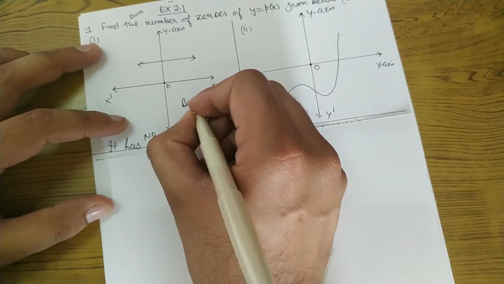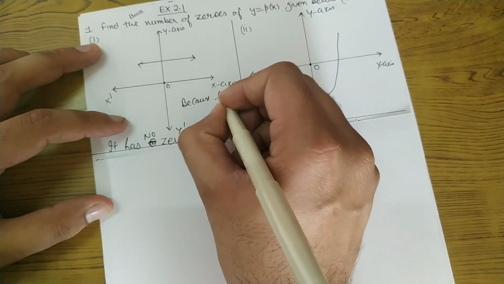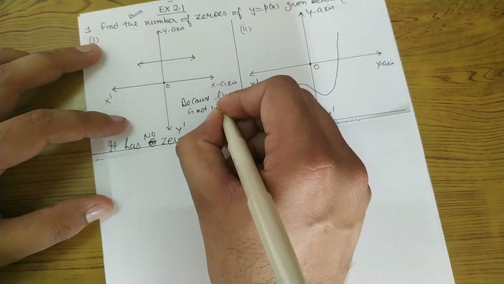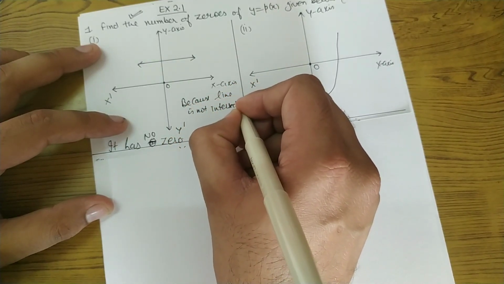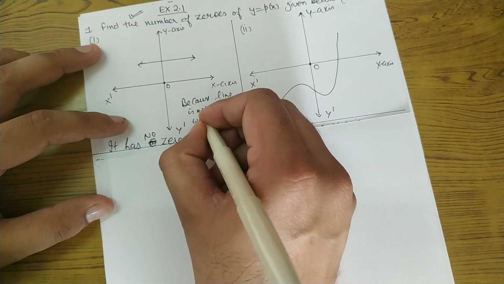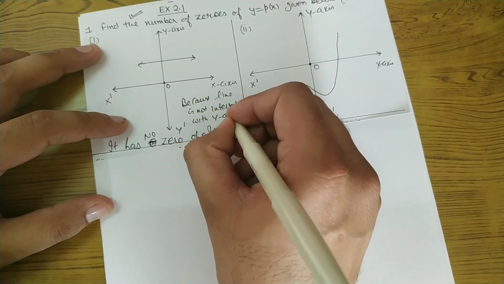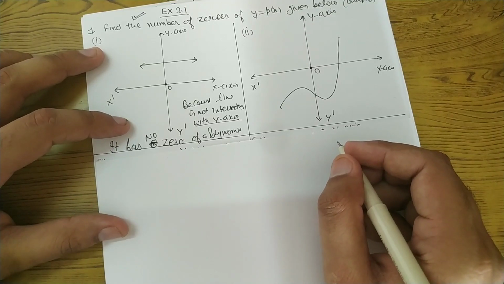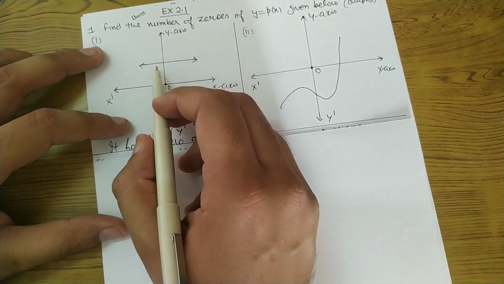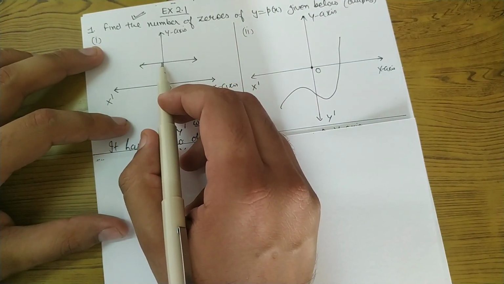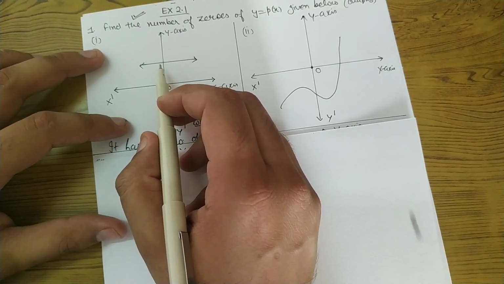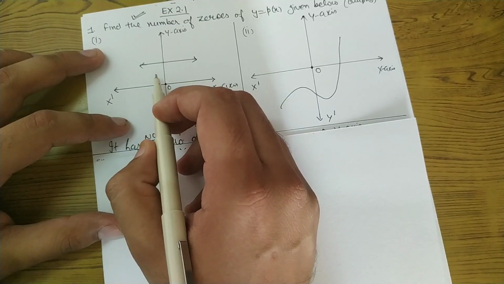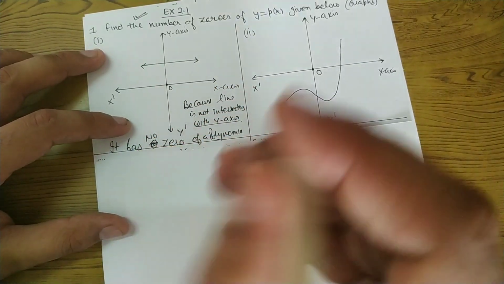Because the line is not intersecting the x-axis. Even if the line is intersecting the y-axis, we will not focus on the y-axis, we will see the intersection with the x-axis. So the line is not intersecting the x-axis, it has no zero.